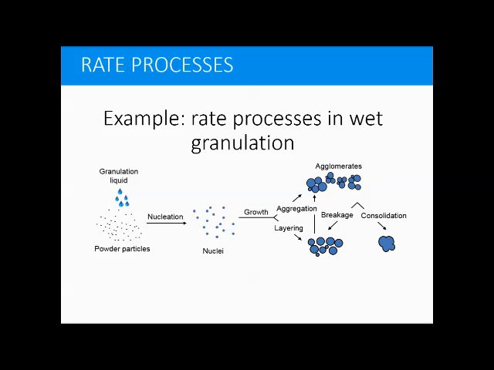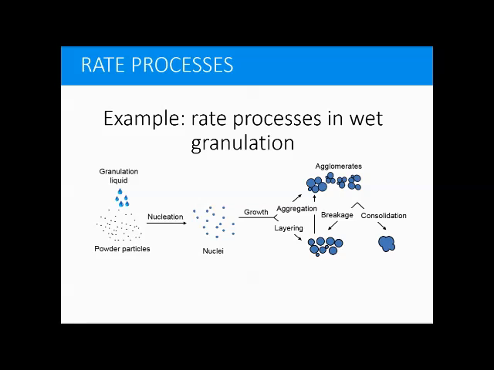So these nuclei then go through several mechanisms that shape the final granules that we get out of the system. First, due to growth, which is simply that these particles become larger, but actually they do not take any more mass inside. It's just their volume that is increasing. Whereas in the aggregation stage, they meet other particles and they collide successfully to come together to form aggregates.